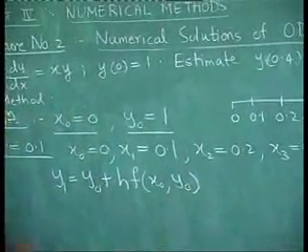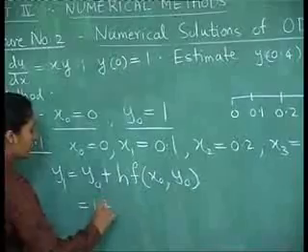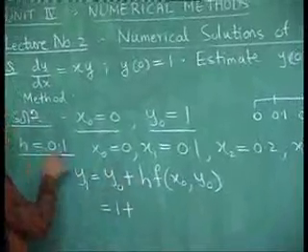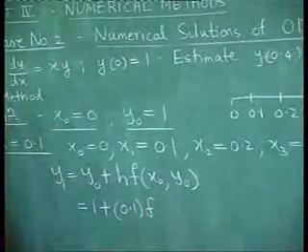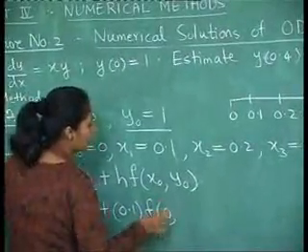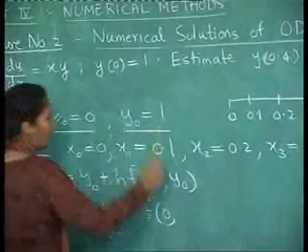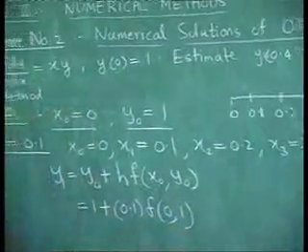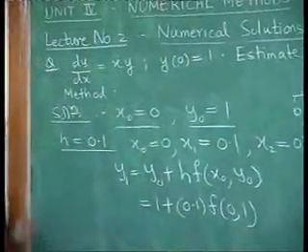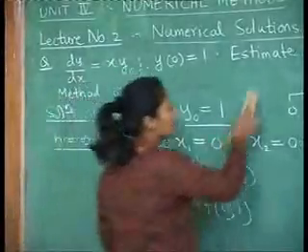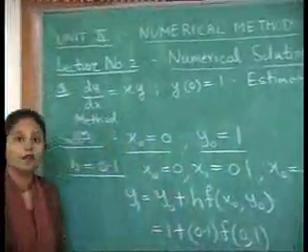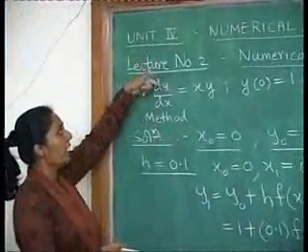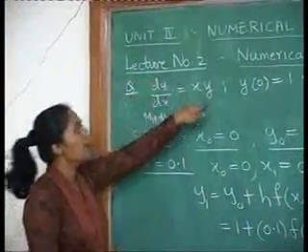We know what is y0. y0 is 1. h is 0.1 into value of the function at x0, y0. y0 is 1. Somewhere we must mention very clearly what is the function. So look at the differential equation. The differential equation will always be given in the form dy by dx equal to some function of x and y.